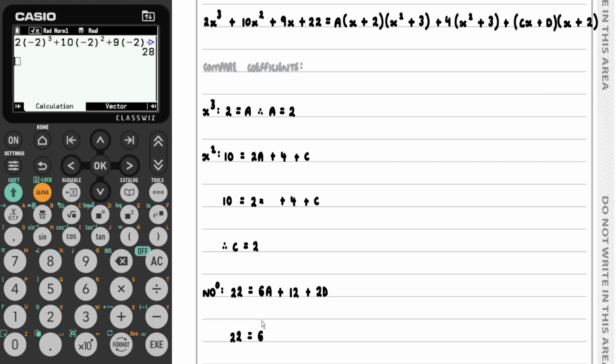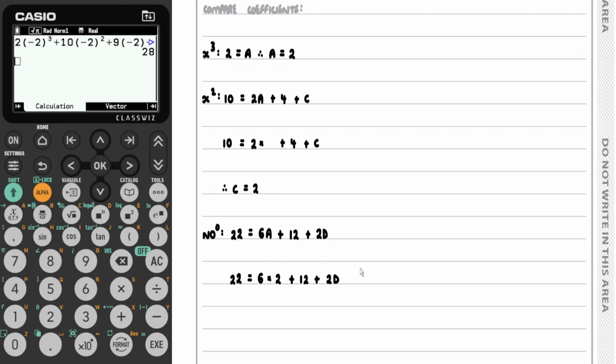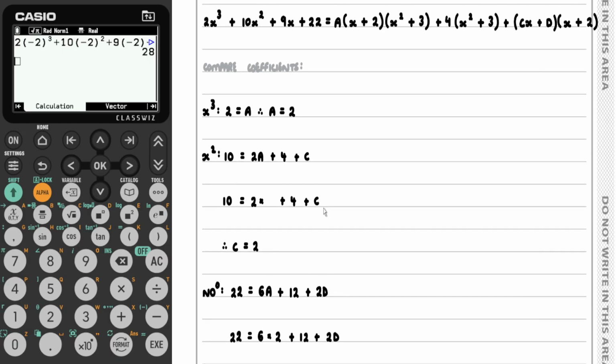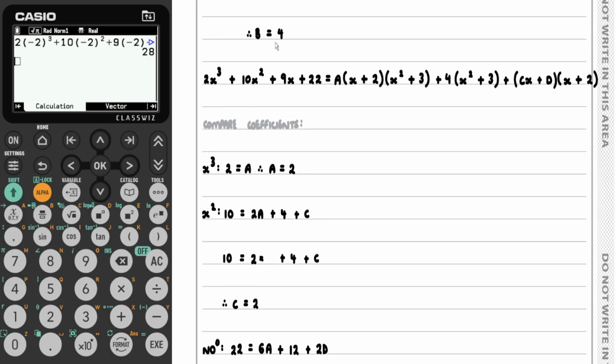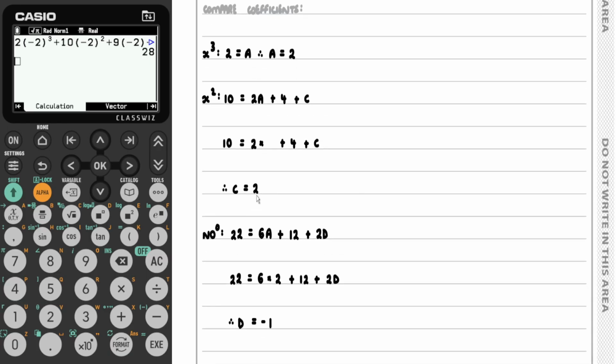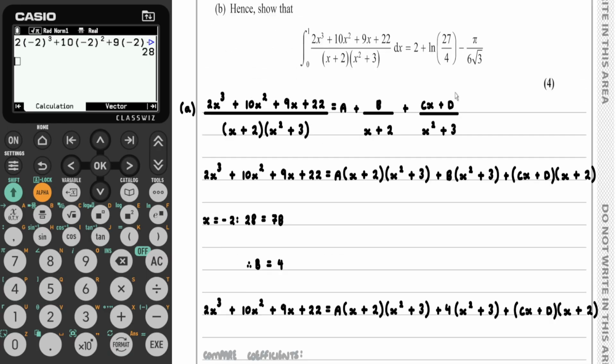So we have 22 equals 6 times by 2 plus 12 plus 2d. And therefore, d is equal to negative 1. We know what a is, we know what b is, we know what c is, and we know what d is. Accordingly, we can state what this expression is equivalent to.